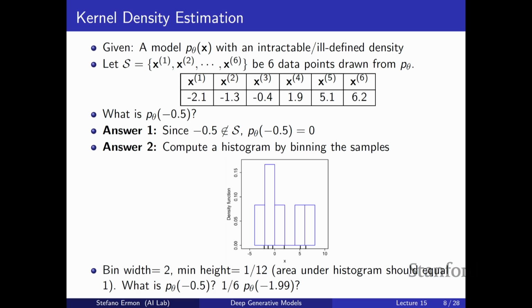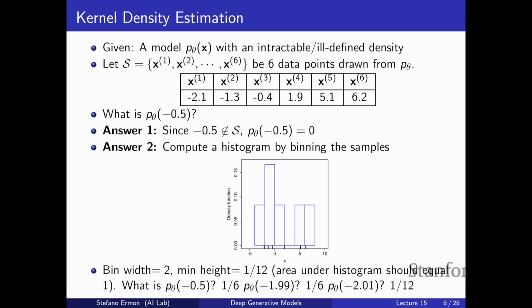If you take, let's say, 1.99, that's also in this bin where there are 2 data points, so it should also be 1/6. The moment you step over to the next bin on the left, the probability goes down to 1/12 or something like that. So this is just a basic histogram as a way of constructing an approximation of the probability density function based on samples.